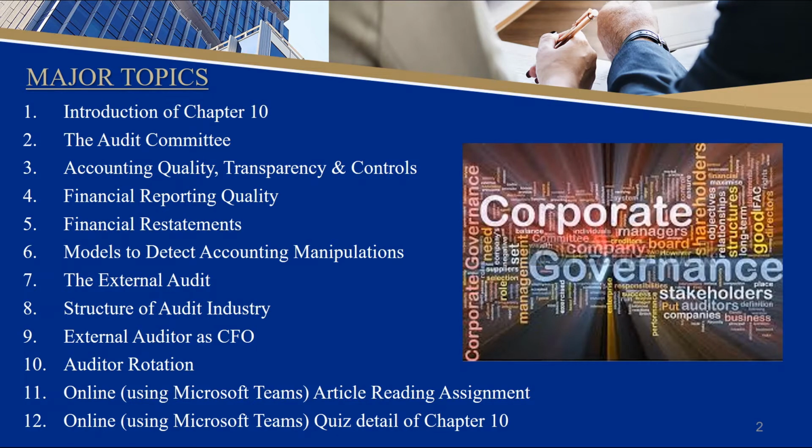Then, class, we will discuss the eighth topic of chapter number 10, which is structure of audit industry. Under this topic, I will share with you an online YouTube video relating to the structure and condition of the audit industry. Also, you will get insight relating to the opinion of expert auditors.